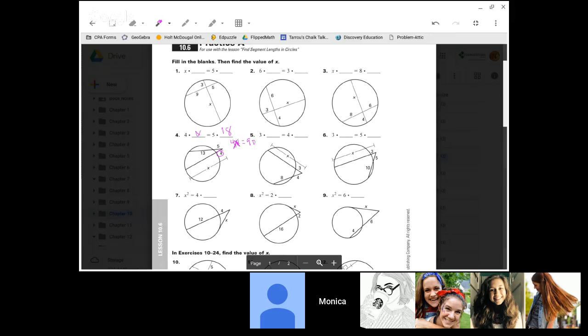So 4x equals 90, and then we'll just divide by 4 to get x by itself. Yep, 22.5. Does that make sense? Okay.